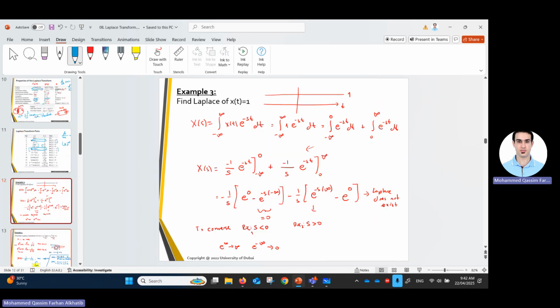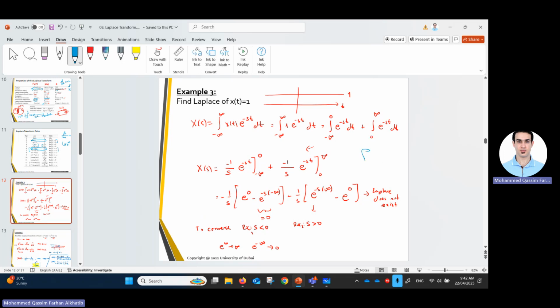Okay, here's an example. Find the Laplace transform of x of t equals 1. So you just apply the integration. I'm not going to put much time into this. So here, negative infinity to infinity, 1 times e to the power minus st. In the slides, they did it in a, let's say, weird way. They separate the integration.